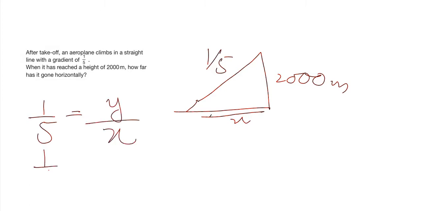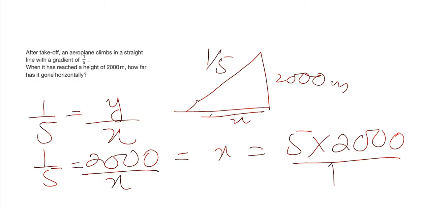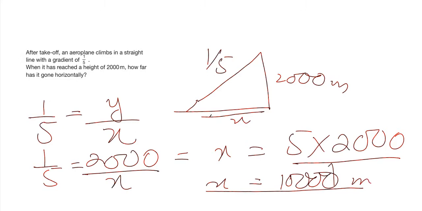Just put in the y value and move x to the other side, and moving 5 to the right side, that would be 10,000. So the x value, or how far has it gone horizontally, is 10,000 meters, not square meters.